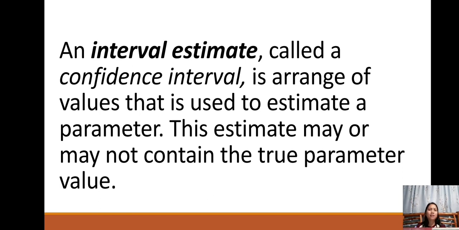So in determining the interval estimate, we use a degree of confidence expressed as a percentage such as 95%, or you can have 99% or 90%. That is, if we collect several random samples and then calculate the confidence interval from each sample, these confidence intervals are constructed wide enough so that 95% of them contain the true population parameter and 5% do not.